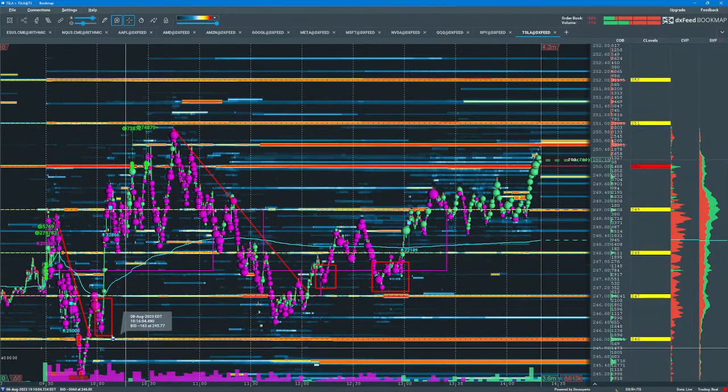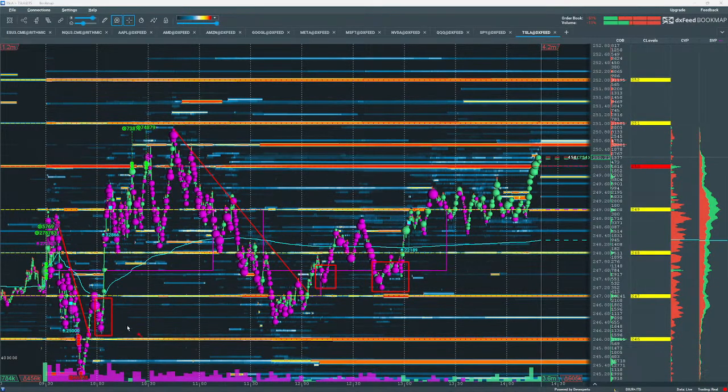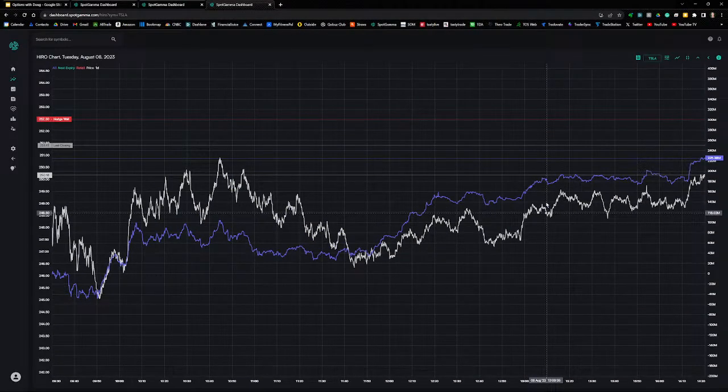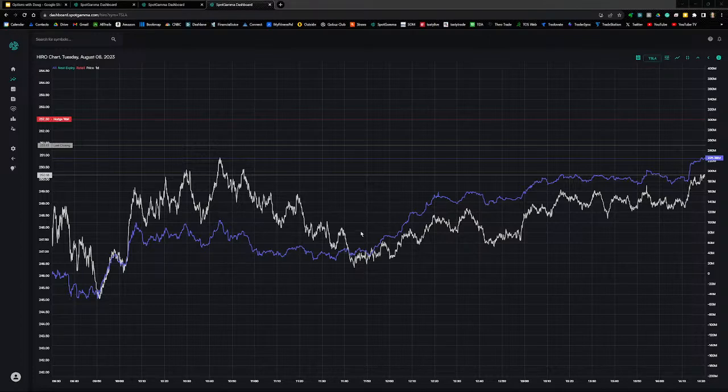So here's the first divergence long in Tesla this morning. And then there was another one, just looking at these trend breaks, pullbacks. And another nice divergence long right around 1145.